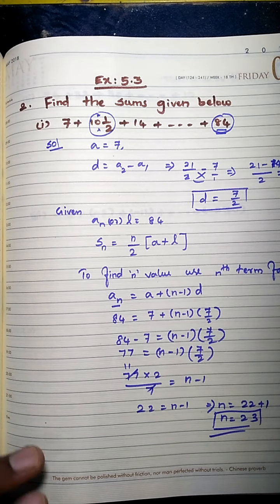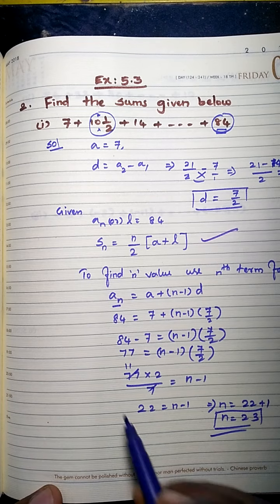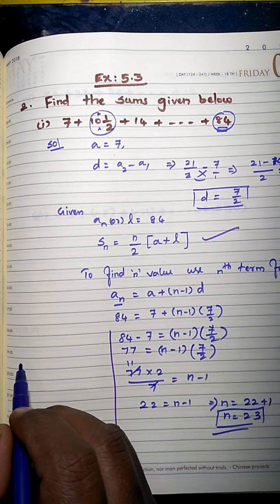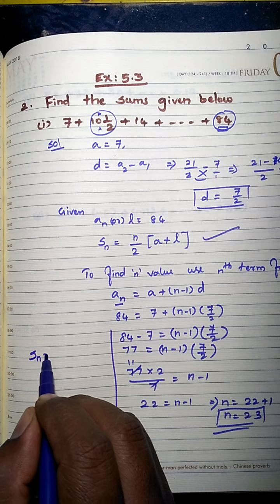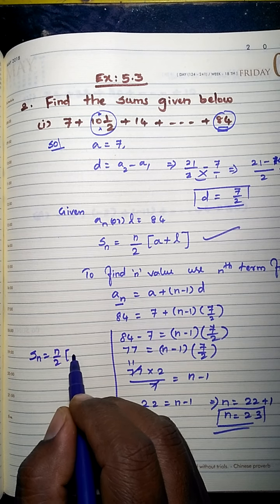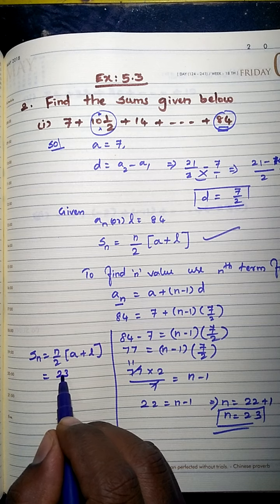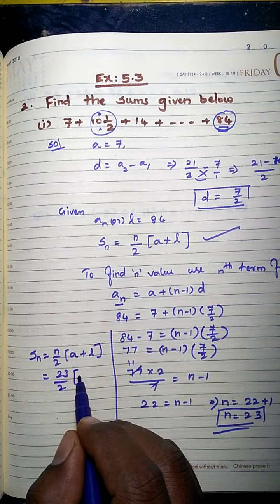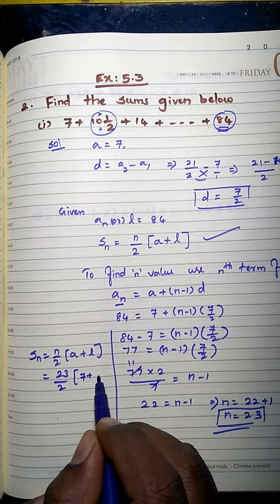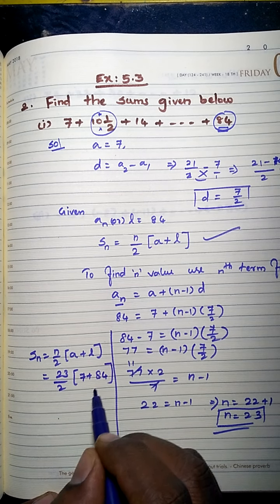Now let's apply the Sn formula to find the sum. We have the formula Sn equal to n by 2 into (a plus l). Now the number of terms is 23 by 2, the value of a is 7, the l value is 84.